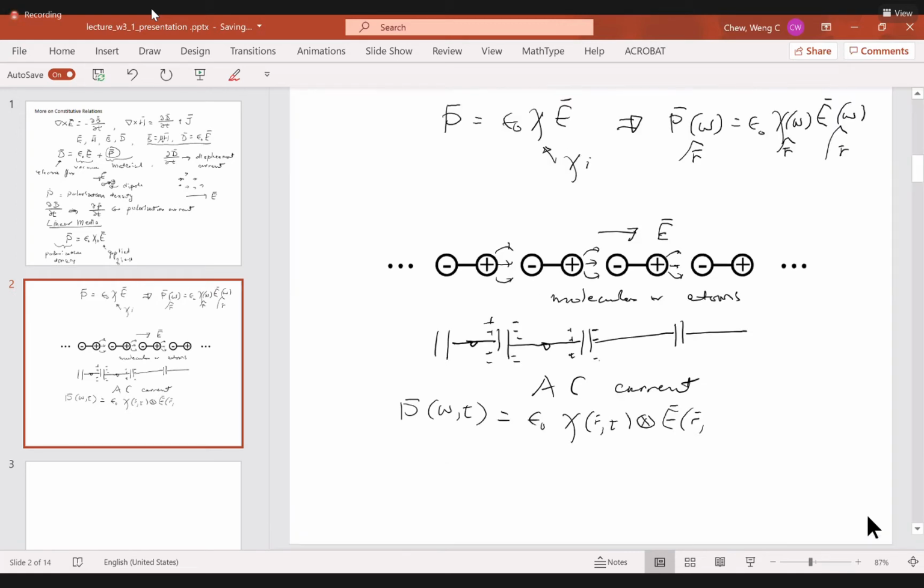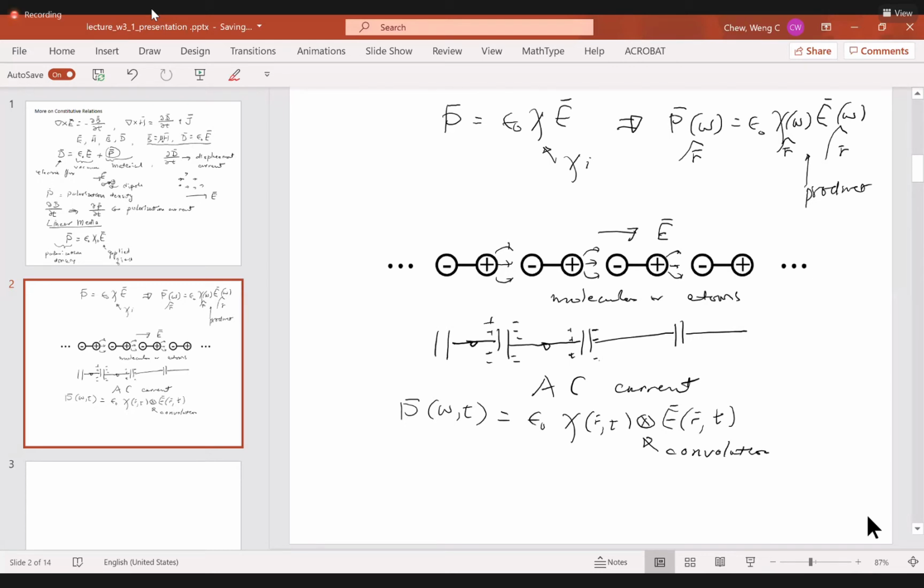Sorry, this should be a function of time. In the time domain, a product becomes a convolution. We have a product here, but in the time domain, it becomes a convolution. But things are very simple in the frequency domain, where we just have to deal with products.